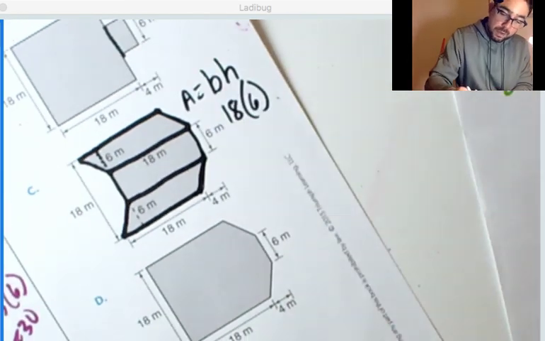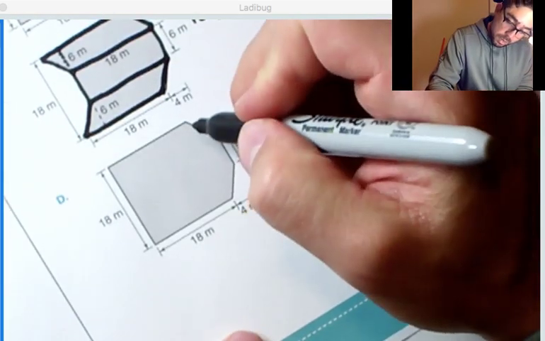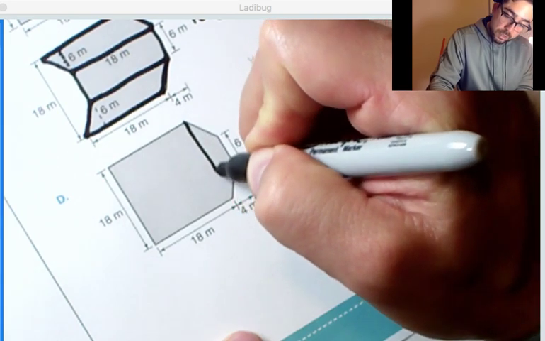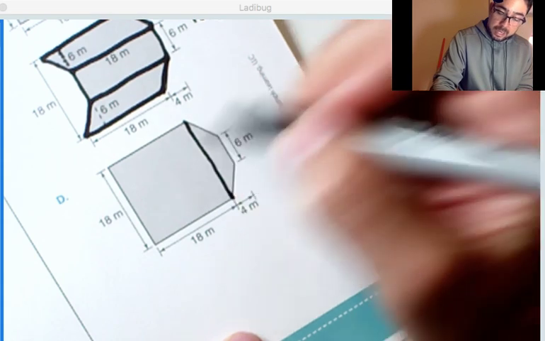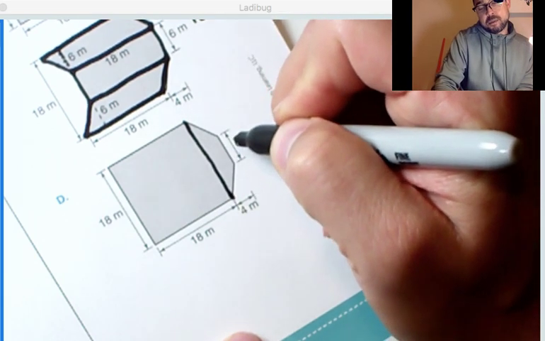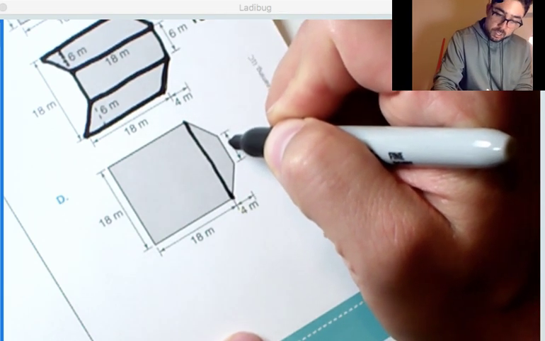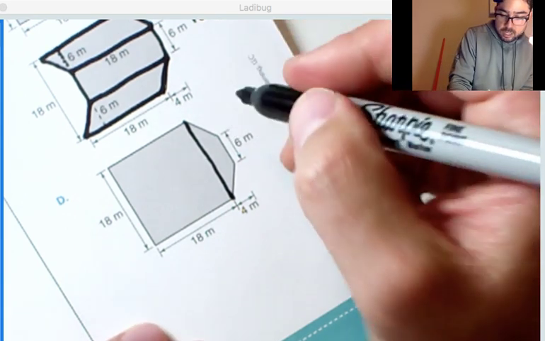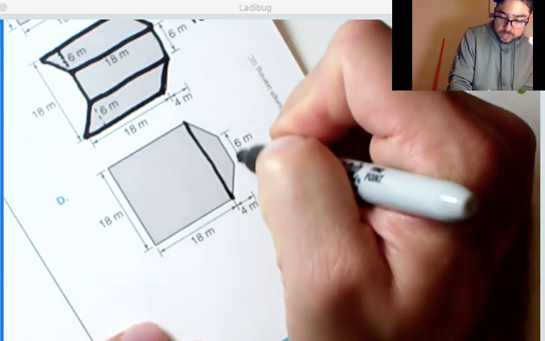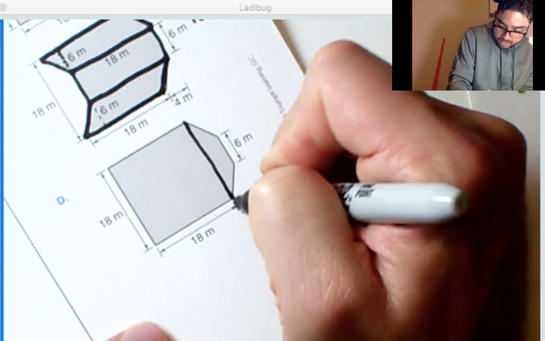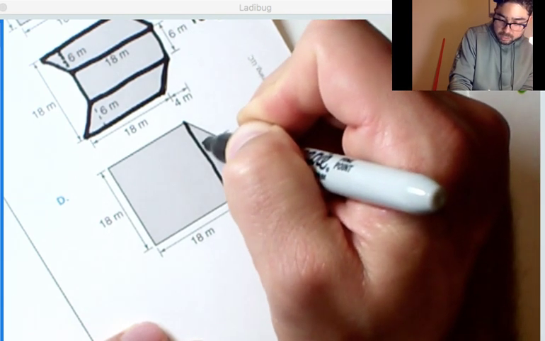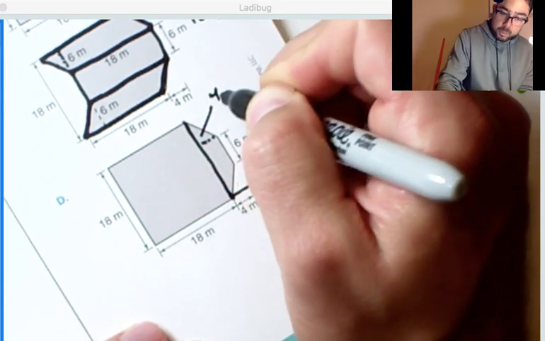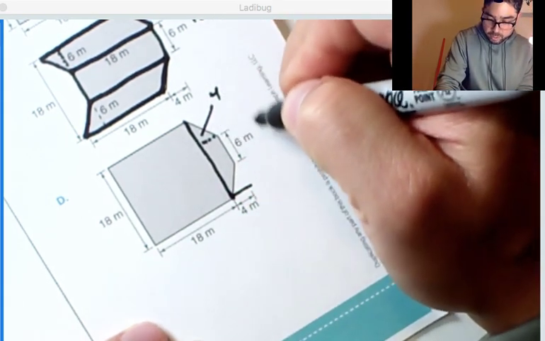I'm going to move on to the final answer choice here. Again, we're breaking it down into shapes first. So I have an 18 by 18 square, and then I have a trapezoid, right? So this trapezoid, it doesn't show us the height, but I can see from here to here is 4. So I know that's 4. So that's the height of my trapezoid.